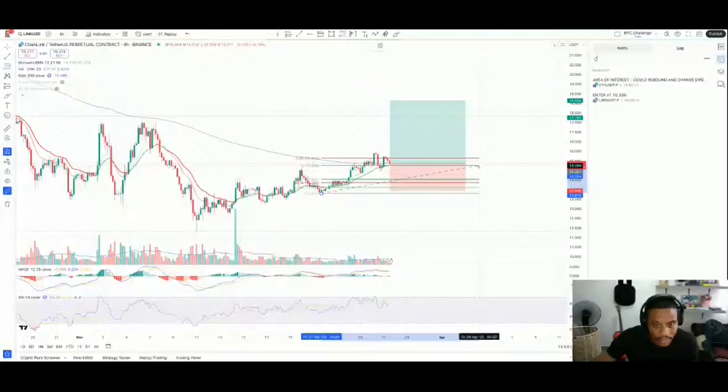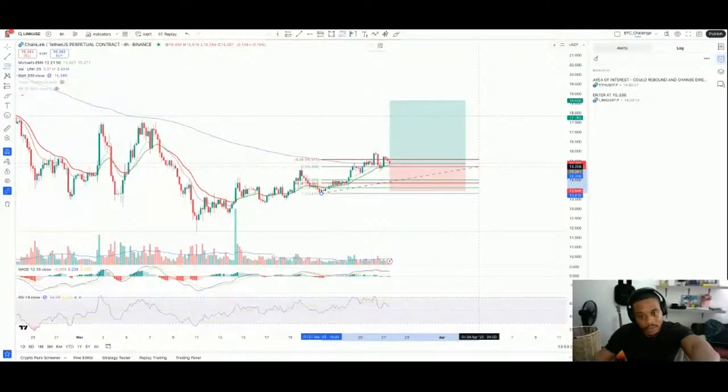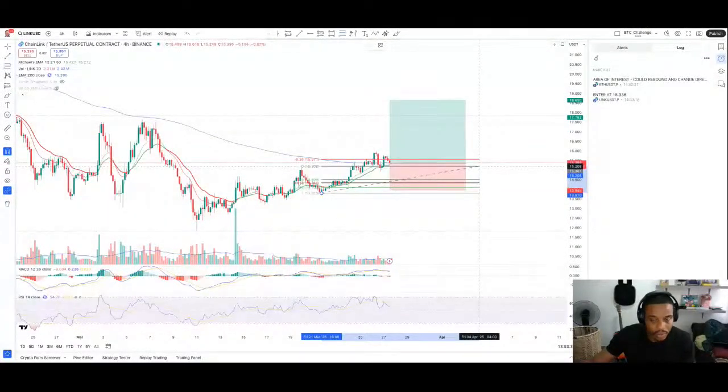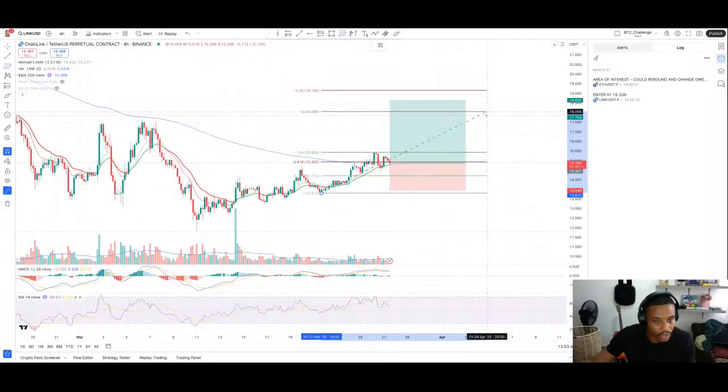It's broken past that already. If I had got here on time, I would have made that trade, usually about 2x. If that's broken, I go to the next one, which is further down.